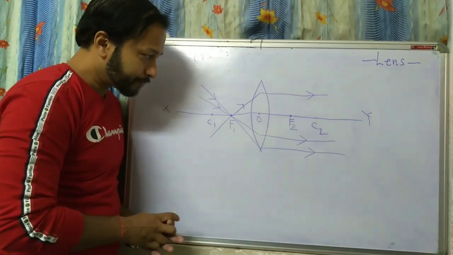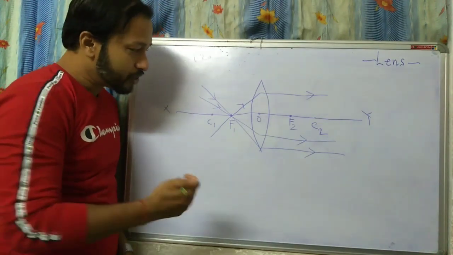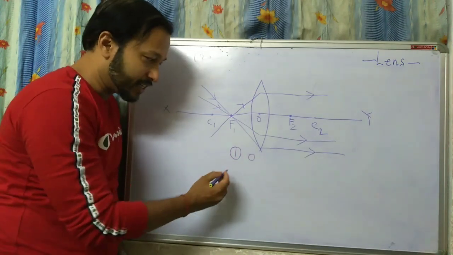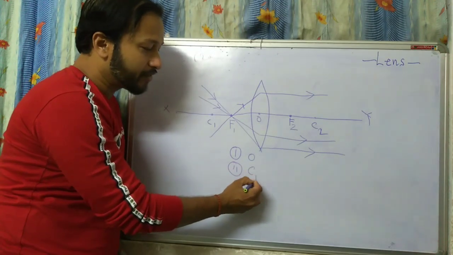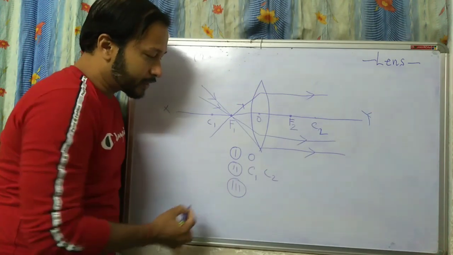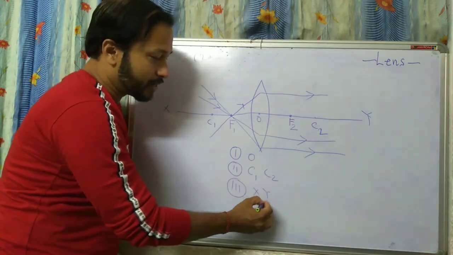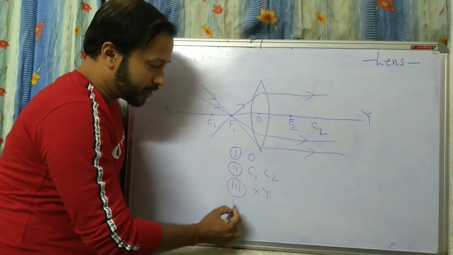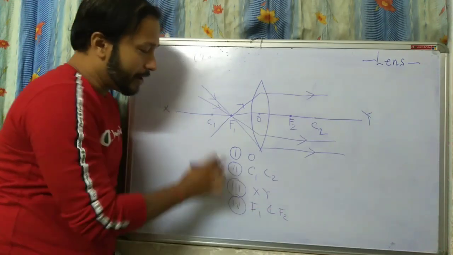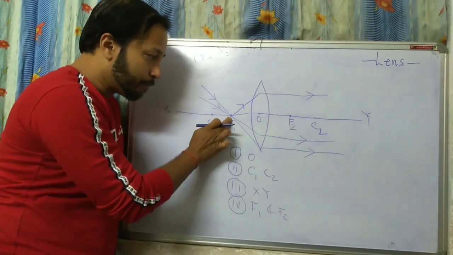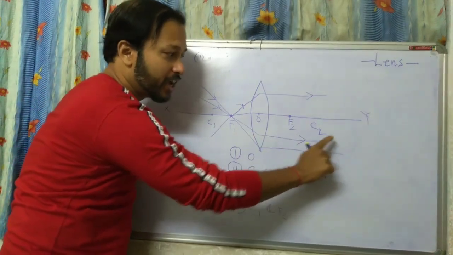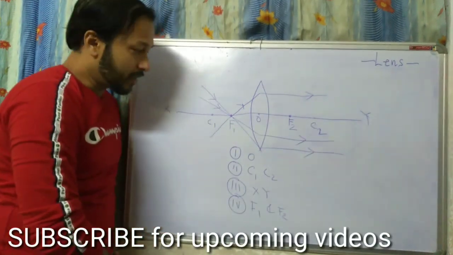Got the point? Now, first we discussed pole, O, pole or optical center. Number 2, we discussed center of curvature, C1 and C2. Number 3, we discussed principal axis, XY. Then we discussed F1 and F2. F1 is the first principal focus, a point through which if a ray passes, then that ray becomes parallel to the principal axis.